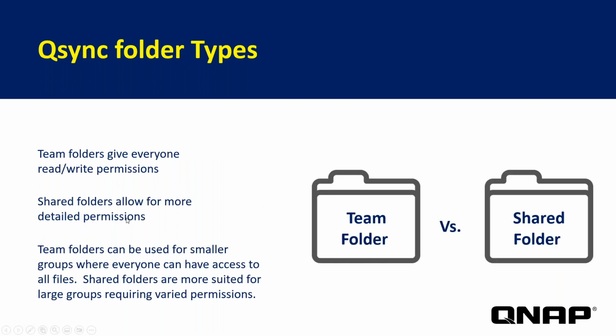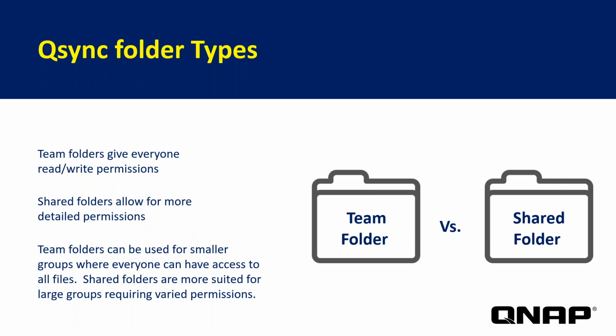QNAP's Qsync supports 2 different types of folders. One is just a standard shared folder. The other is called team folder. Shared folders have more permission settings for various users, such as read only, read write, and deny, whereas with team folder, everyone will have read-write privileges.